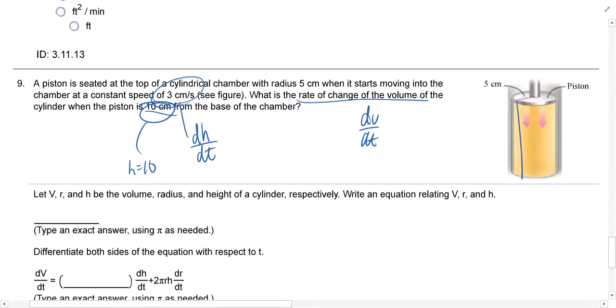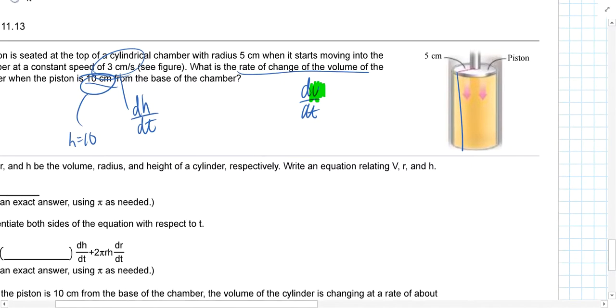So it appears to me like the formula that we need is some sort of volume of a cylinder. And if you recall, the volume of a cylinder is the area of the base, which is pi r squared in this case, times the height of the object. And what's particularly interesting is that the radius is not going to change.